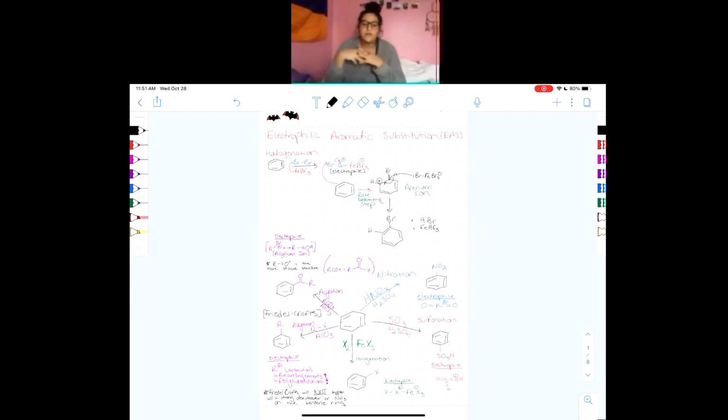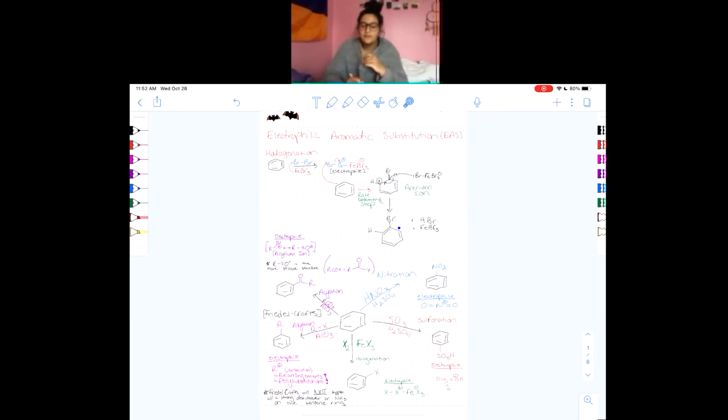So again, in the reaction mechanism, the biggest things you have to know is that we have an acid catalyst that must react with whatever we're using here to make the electrophile. The addition step is the rate determining step because we lose aromaticity, and we create the arenium ion.